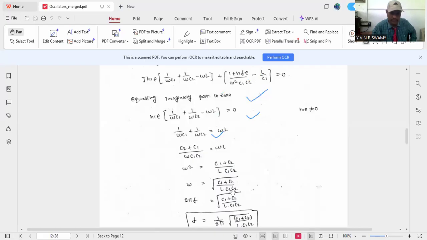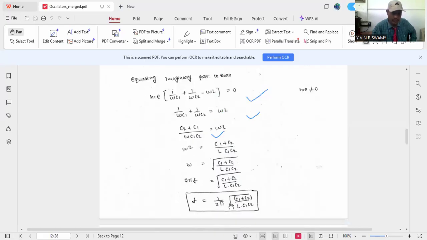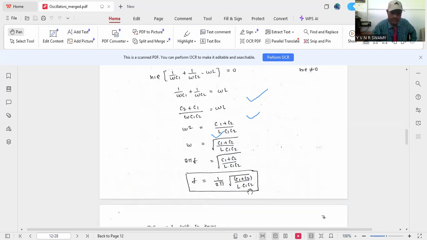Omega is 2 pi f. Then f equals 1 / (2 pi) times the square root of (C1 + C2) / (L C1 C2).